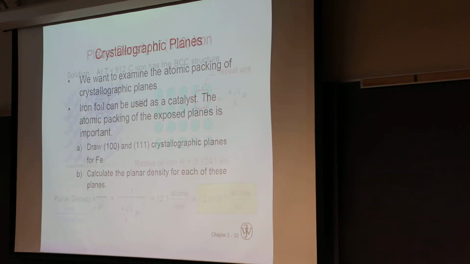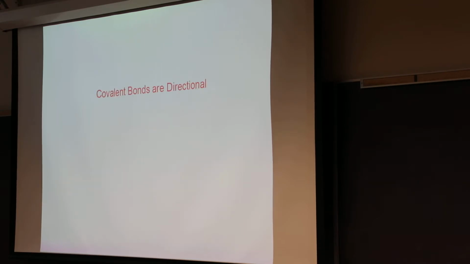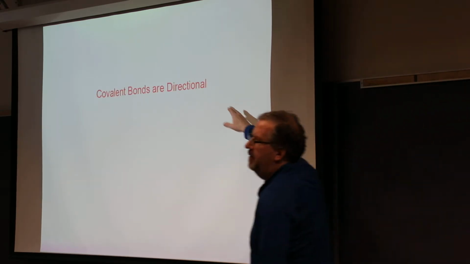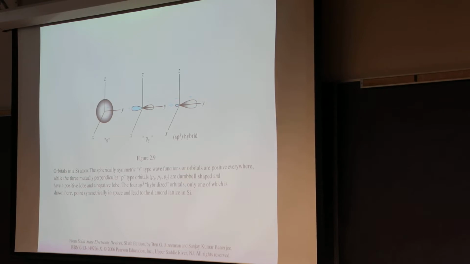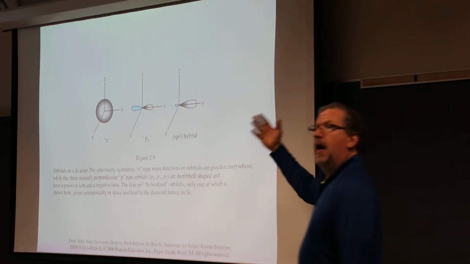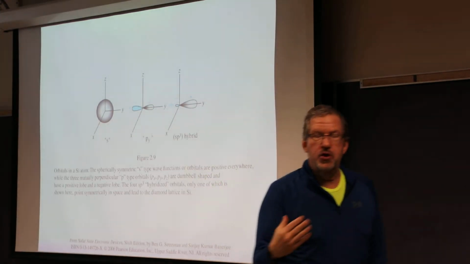But let's fast forward past that. Anything that appears in red is probably one of the key setups, right? So covalent bonds are directional, and that comes from the sp3 hybridization, the S and the P coming together, leading to a directional bond.